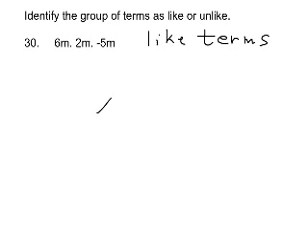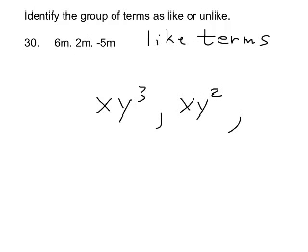Don't be fooled if you have something like xy cubed and xy squared and, let's say, y cubed. Those are all unlike terms. They have some of the same variables, but they're multiplied times something, or they have different powers.